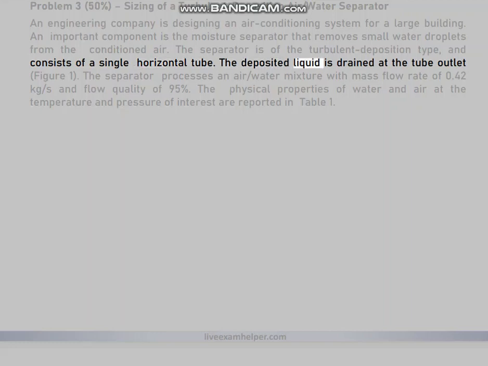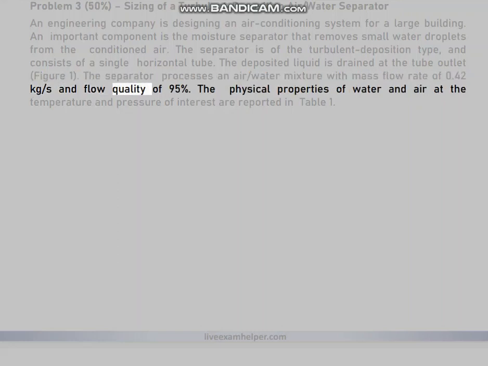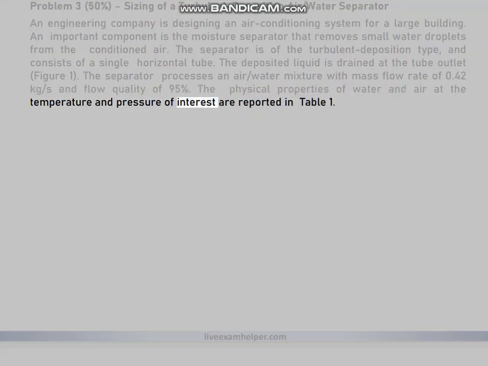The deposited liquid is drained at the tube outlet, Figure 1. The separator processes an air/water mixture with mass flow rate of 0.42 kg/s and flow quality of 95%. The physical properties of water and air at the temperature and pressure of interest are reported in Table 1.